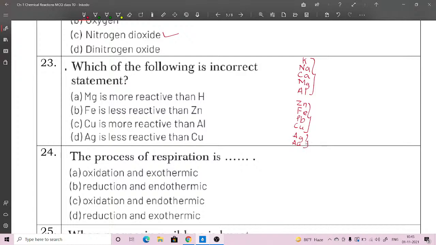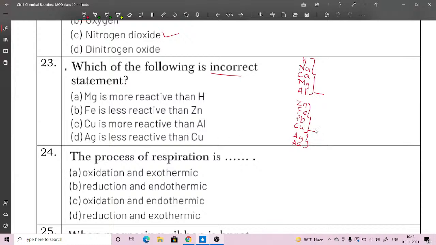Now let us check which is incorrect. Magnesium is more reactive than H. Yes, correct. Iron is less reactive than zinc. Where is iron? Fe is less reactive than zinc. Correct. Copper is more reactive than aluminum. Let us check: copper here, aluminum here.